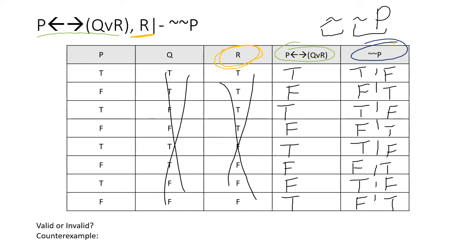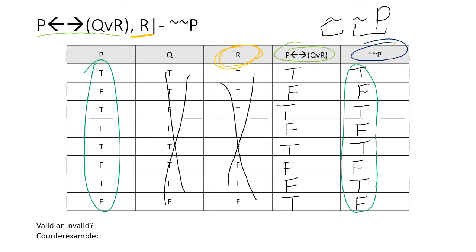We don't have one for R independently because it's just a single letter, no operator next to it. This tilde P might be the exact same formulation, the same exact values in this column. Here, those will match identically to these over here.